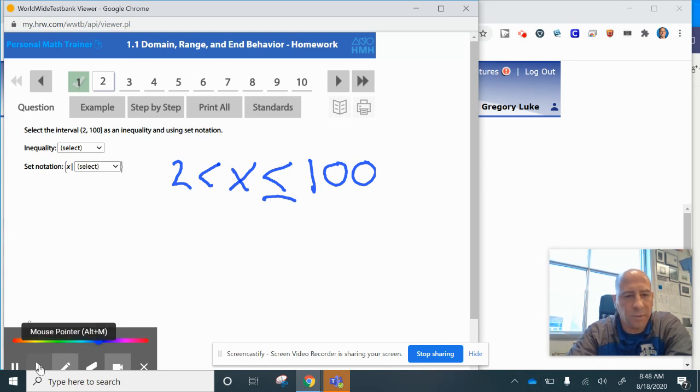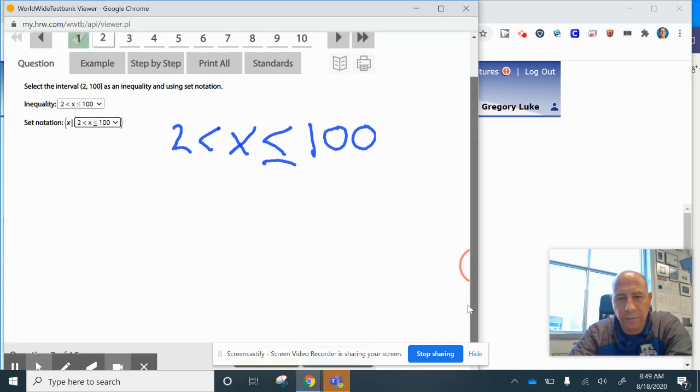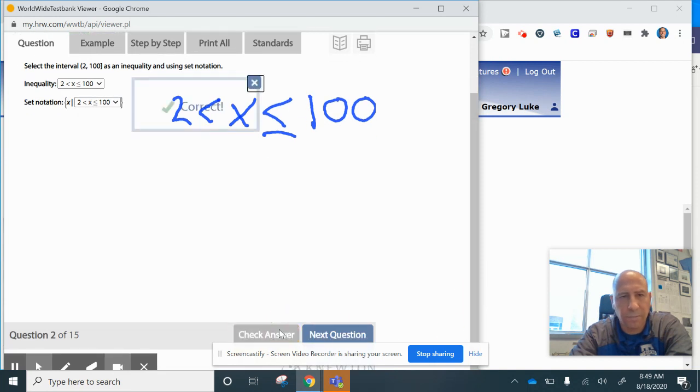So the answer choice is, be careful, that doesn't have a line underneath there, so the answer is here. Now let's look at set notation. Basically, it's the same thing except that it says x such that. And let's check the answer. It is correct.